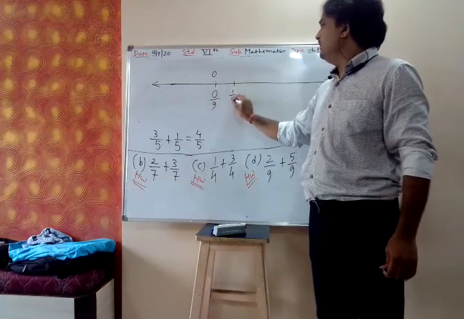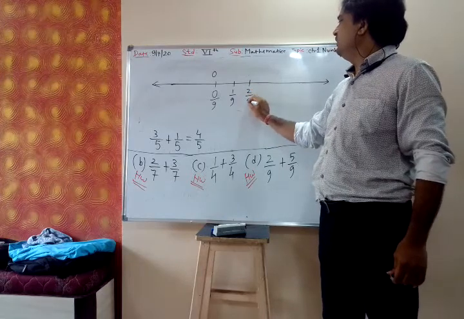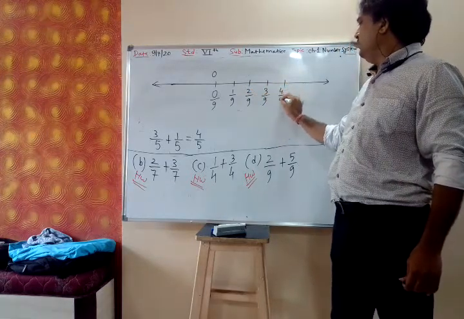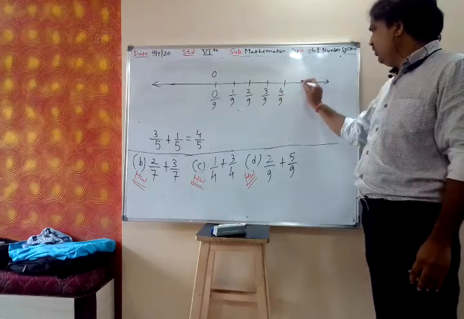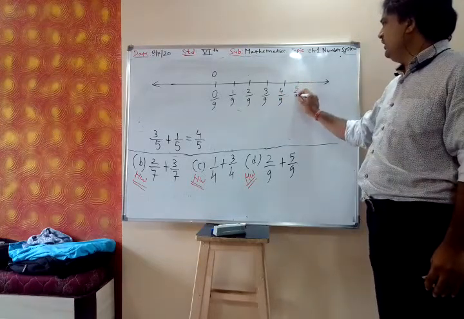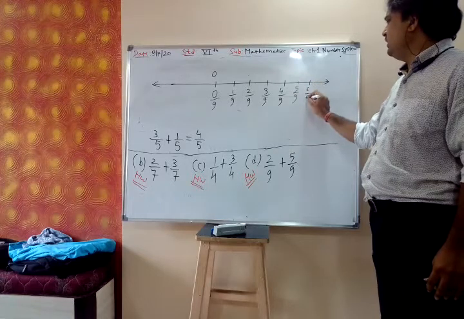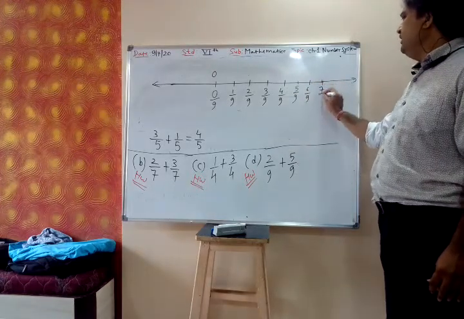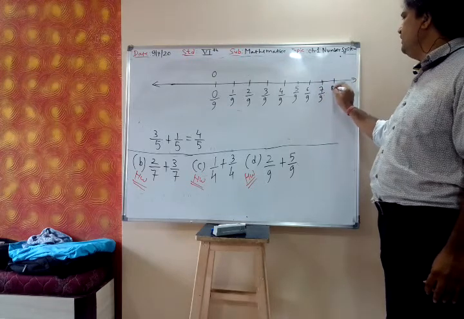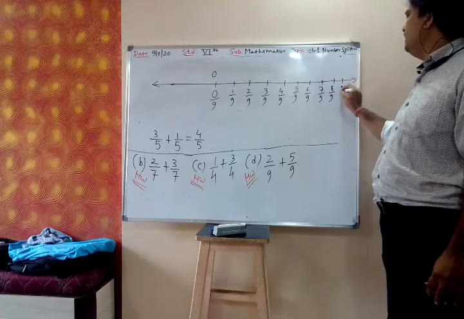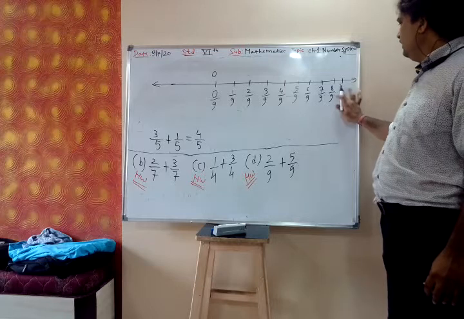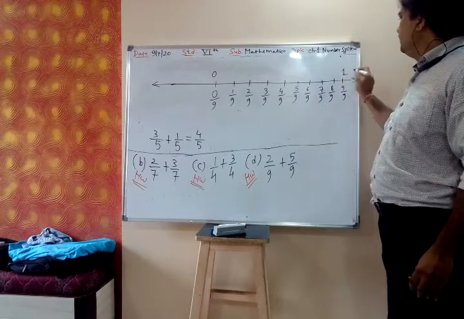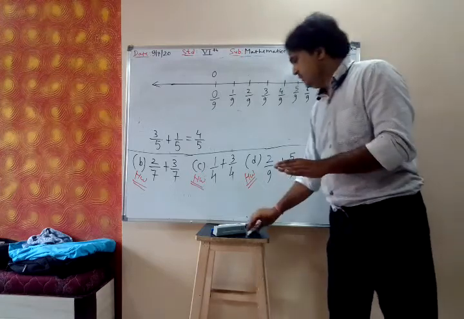Then 1 upon 9, then 2 upon 9, then 3 upon 9, 4 upon 9, 6 upon 9, 8 upon 9, 9 upon 9, which is 1. I am just explaining. You have to write afterwards.